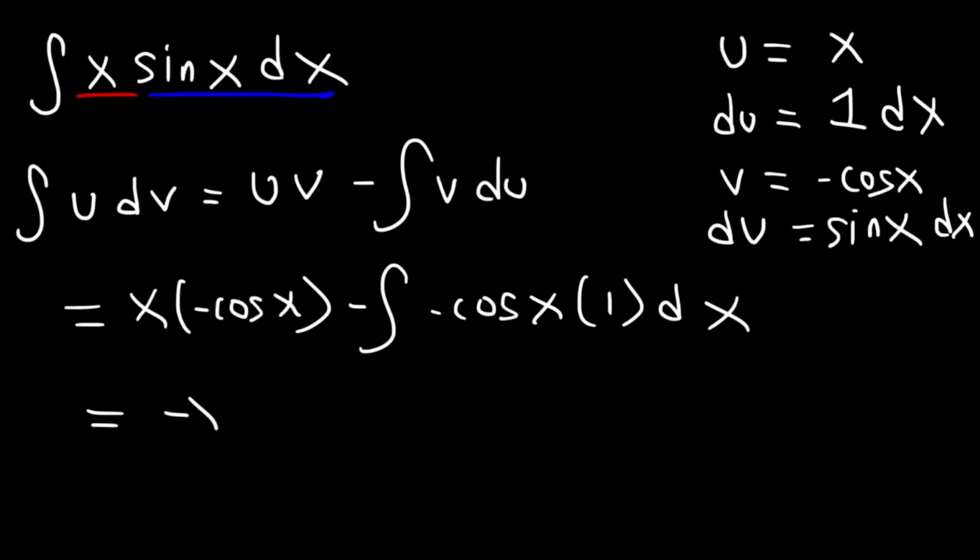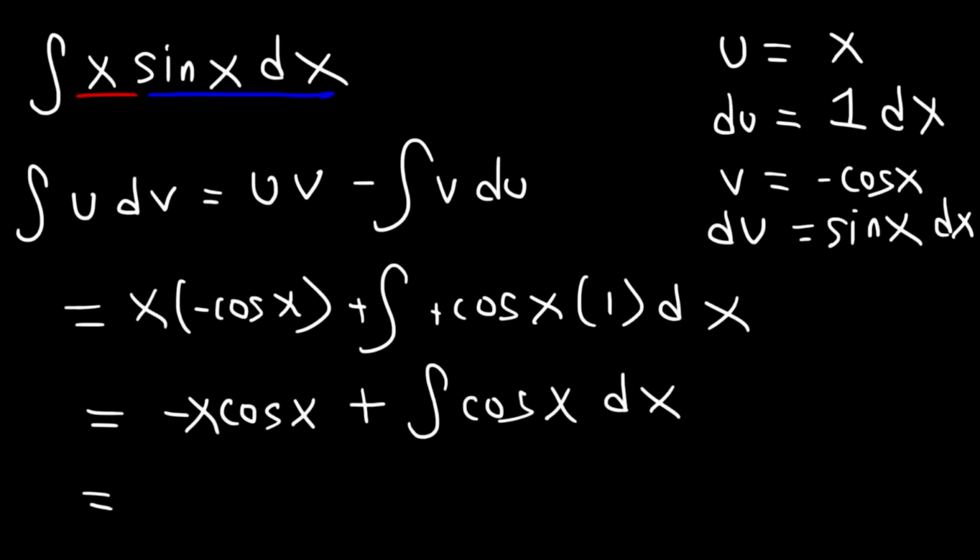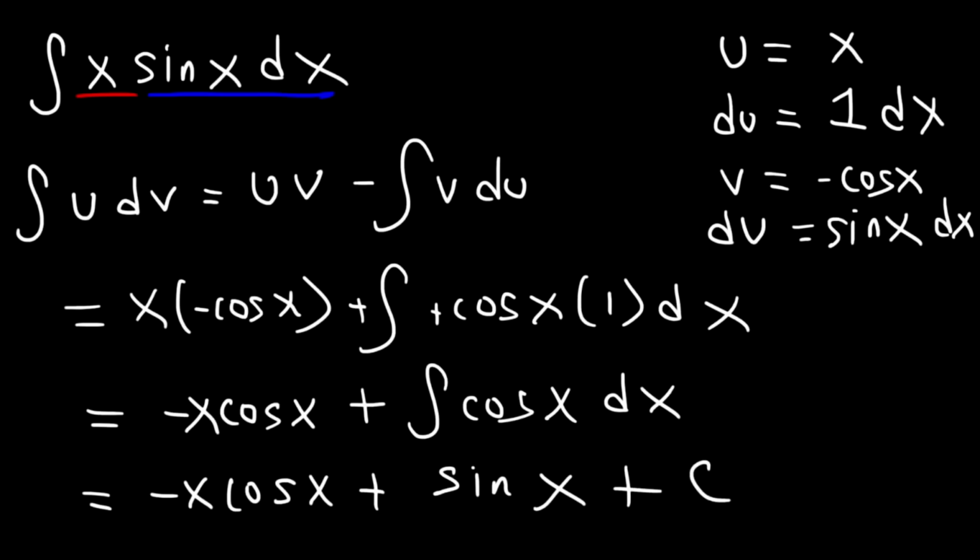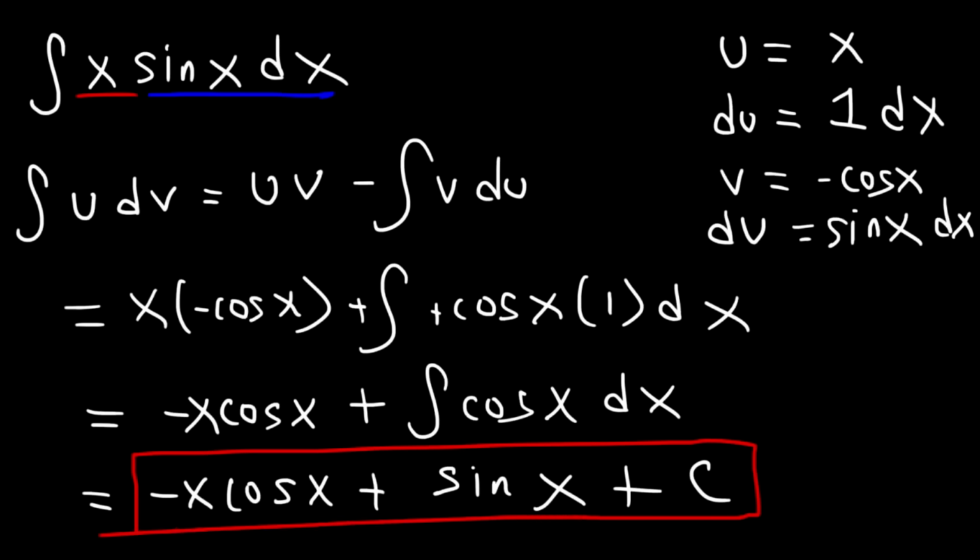So far we have negative x cosine x, and then these two negative signs will become positive, so plus the integral of cosine x dx. Now the antiderivative of positive cosine is positive sine. So the final answer is negative x cosine x plus sine x plus c.